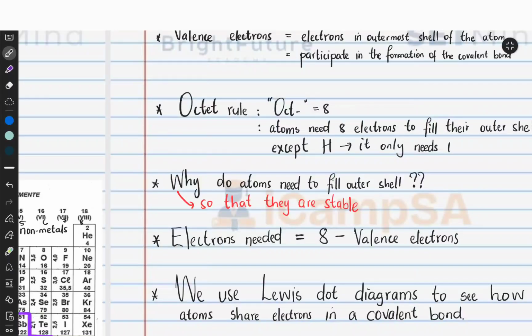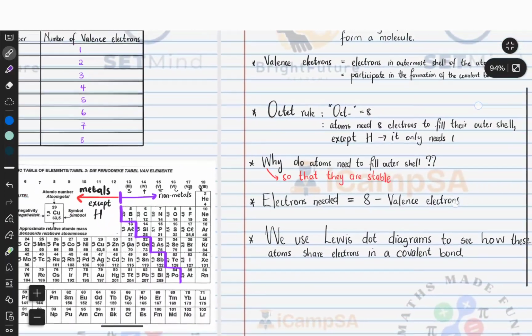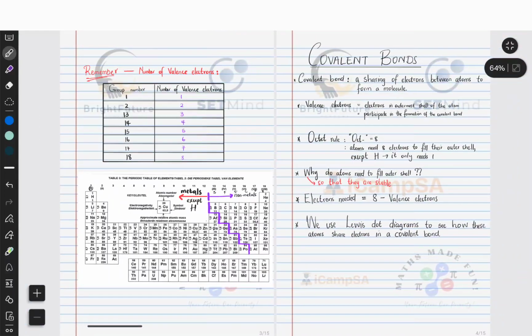They are more stable when their outer shell is filled than when their outer shell has electrons missing. So when the outer shell is filled to 8, they are more stable. When the outer shell has less than 8 electrons, they are not so stable.